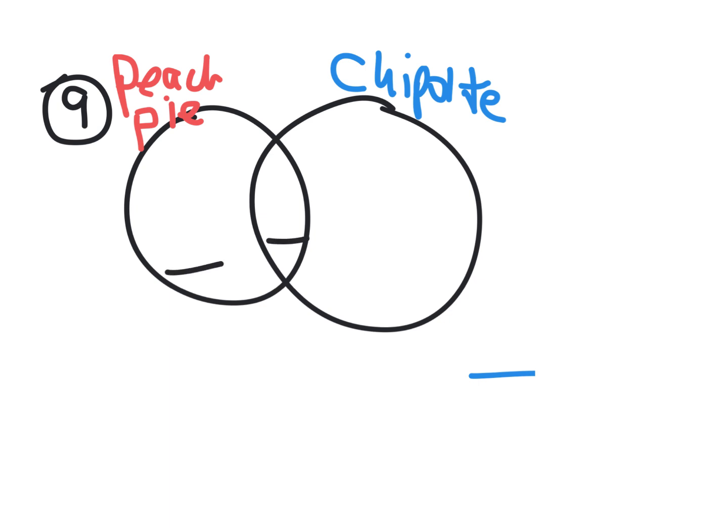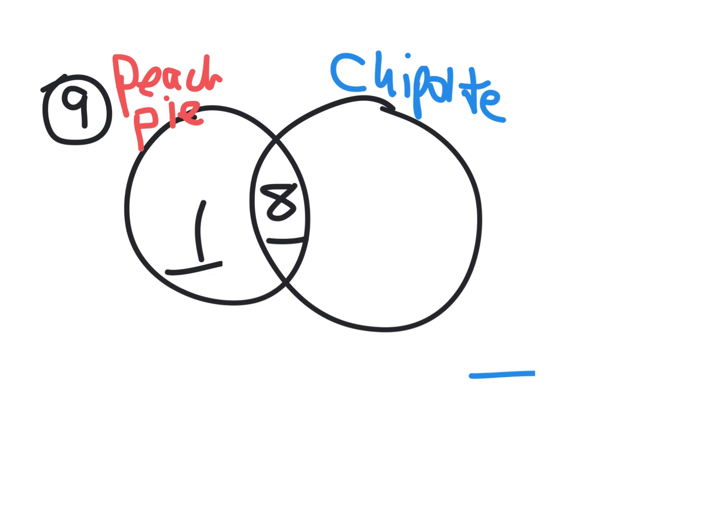Now I'm going to be a little more specific. Please be consistent. If you said you like peach pie before, stick to it. How many of you like peach pie and you would like Chipotle? 1, 2, 3, 4, 5, 6, 7, 8. All right. So then I can use logic and go, well, there's one person that liked peach pie that didn't like Chipotle. All right.